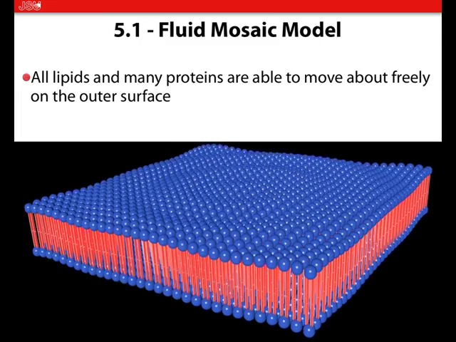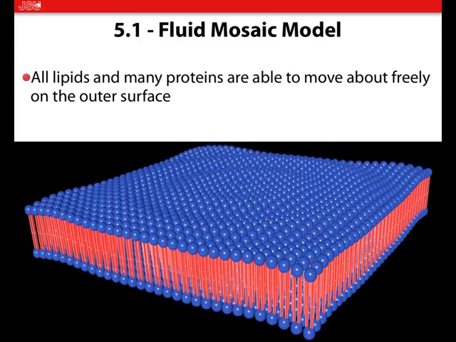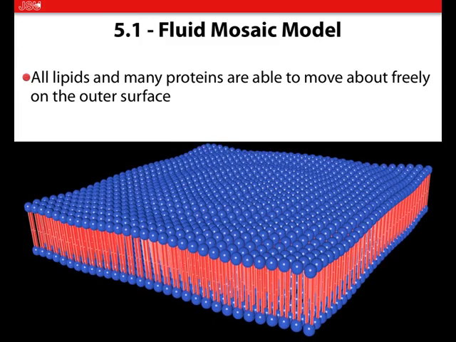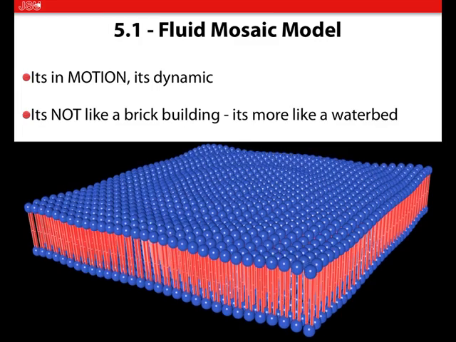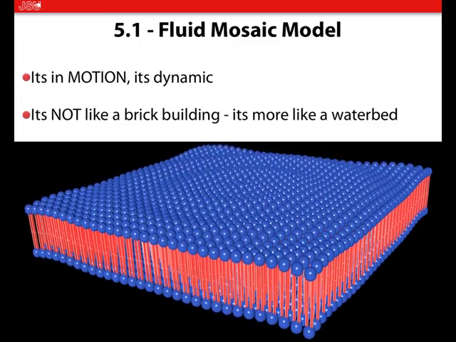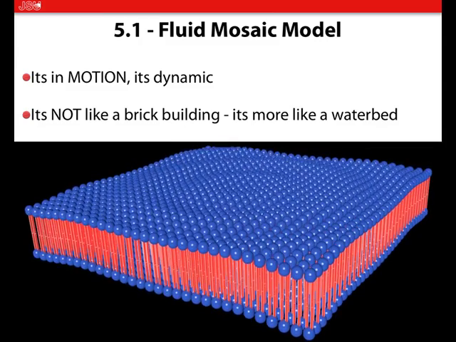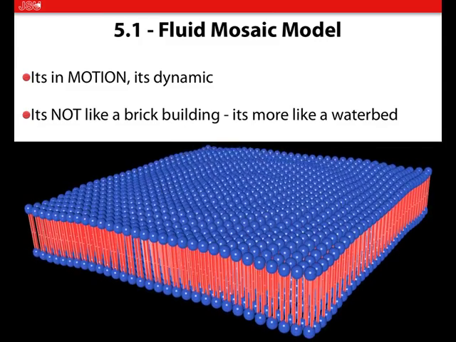Okay, there's motion going on in our membranes. They are not locked in. And this whole idea we described in class, we said was the fluid mosaic model. Our membranes, the bilayer membrane, made up of phospholipids, is in continuous motion.